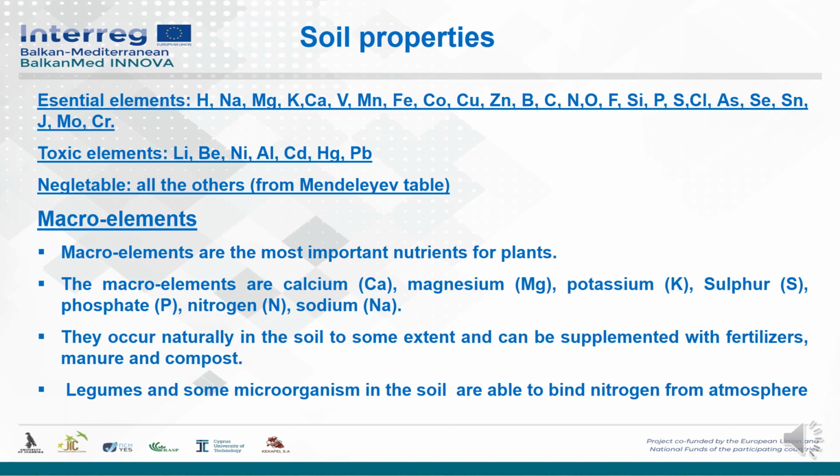There is a list of elements that are toxic to plants like lithium, beryllium, lead, aluminium, cadmium, and mercury. There are some other elements that are natural, negligible.